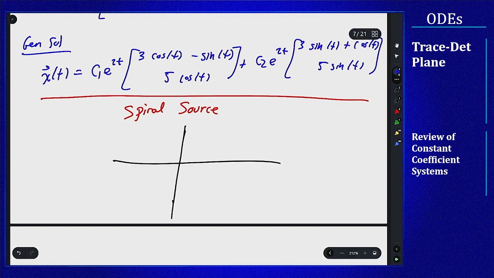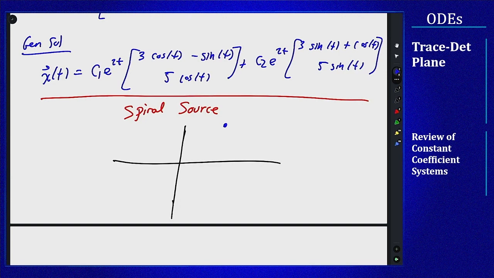So if I start with the first part of the solution, the C1 term, I look at t equals 0, and I plug that in, I will be at the point (3, 5), because cosine is 1 and sine is 0. So (3, 5) puts me somewhere up here. I go up a little bit to, say, pi over 2, which is the first time cosine goes to 0, I'll be at (-1, 0).